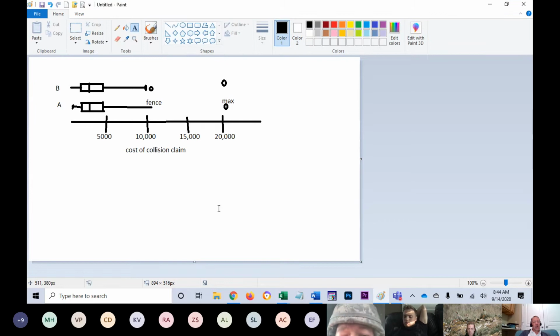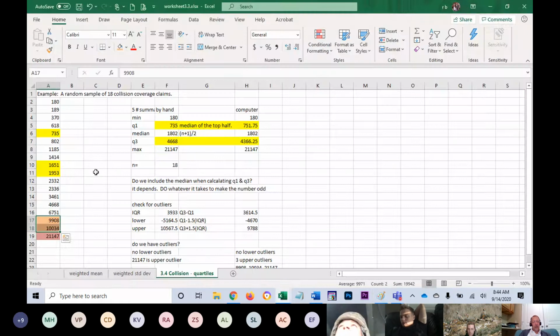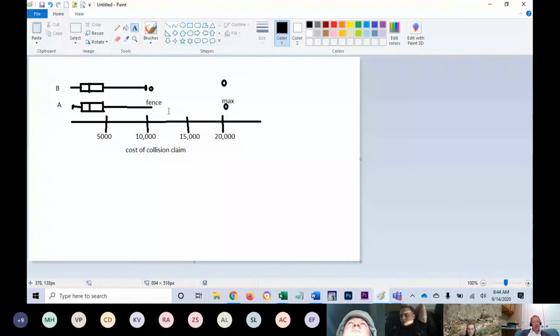Okay. So, and I can't remember what the book says. I think actually what the book says is instead of using the fence now. So I'm going to be slightly different than the book. I want you to draw the whisker to the fence if there's an outlier. Go ahead and just draw it to the minimum in this case because we won't have any outliers on the low side.